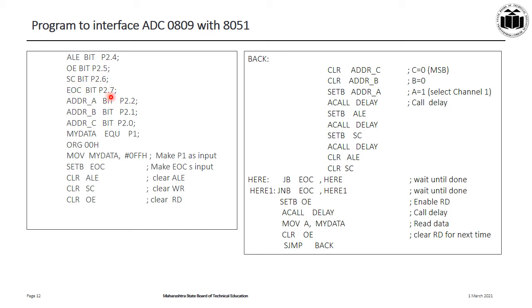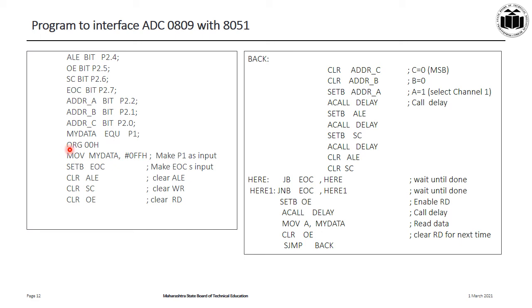End of conversion is on 2.7. These are the select lines A, B and C connected to 2.2, 2.1 and 2.0. Port 1, where we have connected the ADC, is given the name my data. These are all initializing steps.